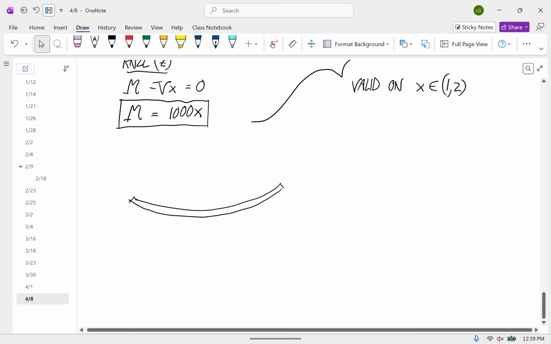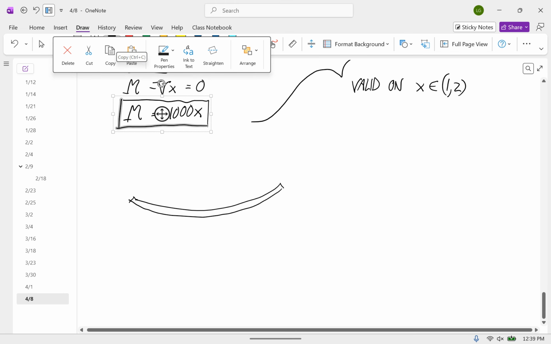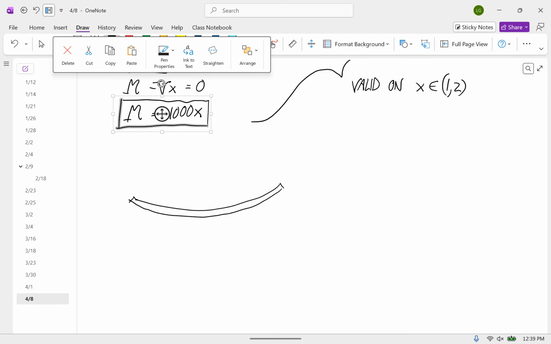Since we have positive bending moments the whole way, it's curving like this. So is the bending moment going to produce a positive or a negative x normal stress at the top of the beam? Is it going to be tension or compression at the top? Compression, and then tension at the bottom.